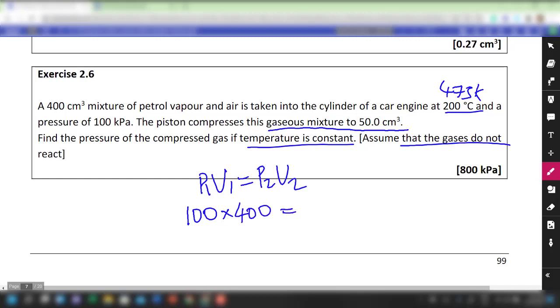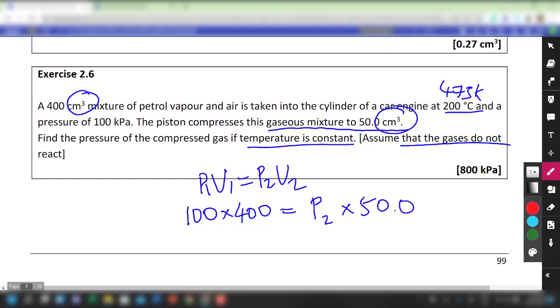The final pressure we don't know, but we know the final compressed volume, which is 50.0 cubic centimeters. Please take note, initially cubic centimeters, now also cubic centimeters, so that's fine. Again, if you don't feel safe, you can always do the conversion. What you can do is just multiply this by 10 to the power minus 6, 10 to the power minus 6, and then 10 to the power 3.